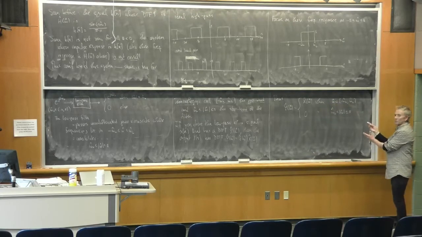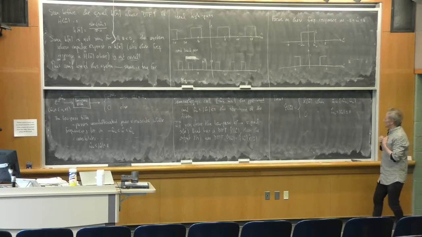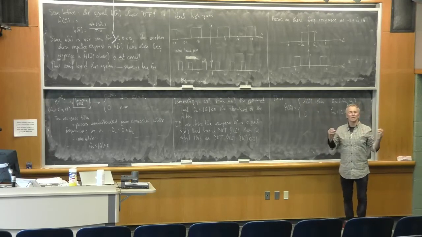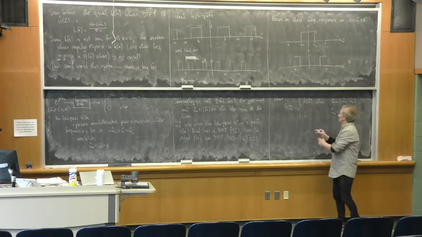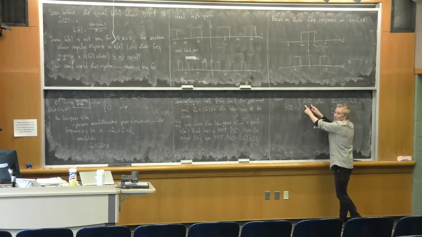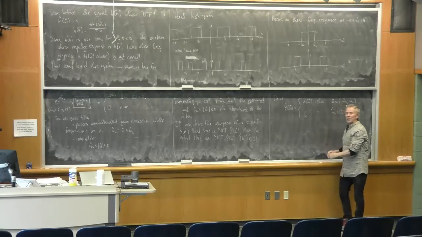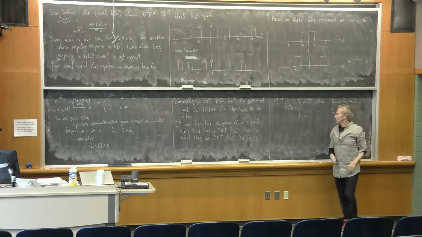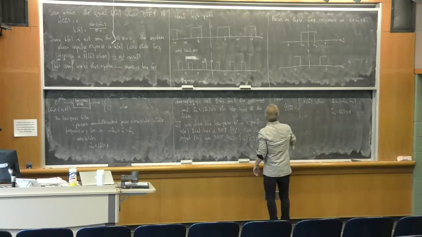What does this say to you? This says to me that the ideal low-pass filter passes unadulterated the part of the frequency content of the input signal x, as embodied in its DTFT, that lies in the pass band, and it kills the part of the frequency content in x that lies in the stop band. So I'll put that in quotes.